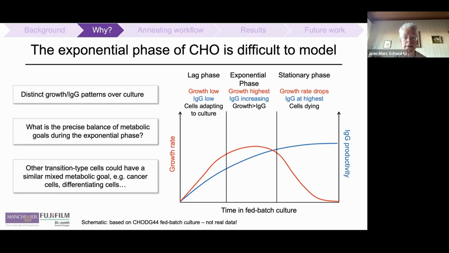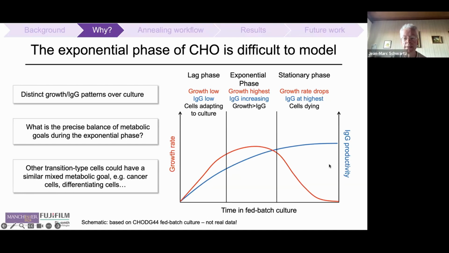It usually starts with what we call the lag phase, where initially the growth is quite low, so the cells are still adapting to the culture conditions, and the production of antibodies is also low. And then in the middle, there's the exponential phase, where the growth becomes very high, but antibody production is still quite small, but increasing.